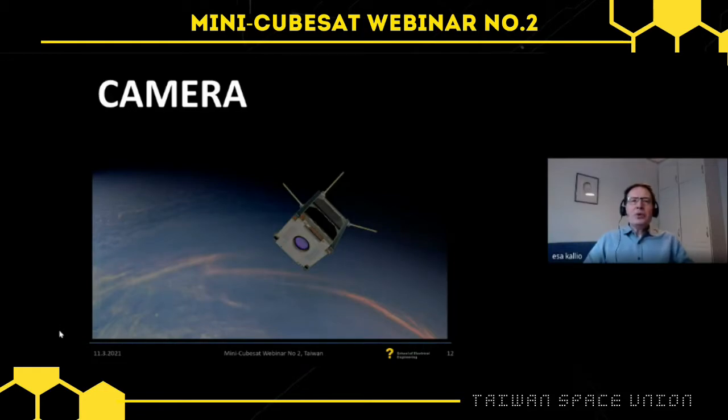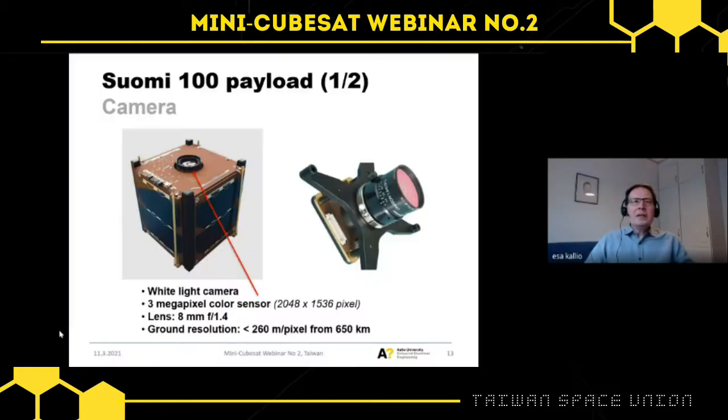So first about the camera. The camera is a typical white light camera. It's a wide angle camera, because we wanted especially to take pictures of auroras, so we really need a wide angle so that we can capture hopefully a large part of the auroras.